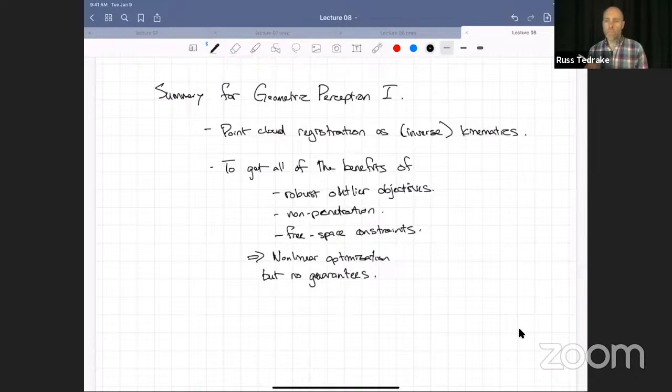And we're not done with geometry, even for perception. We're going to move and do some other deep perception soon, deep data-driven perception. But the other time we're going to come back and revisit some of the concepts from geometric perception, which is why this is still geometric perception 1. Because there's another really important class of tools from dense reconstruction.